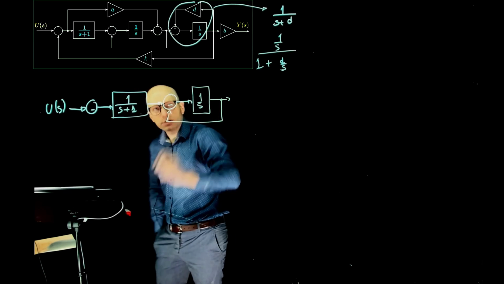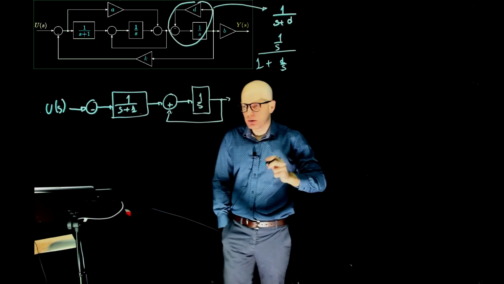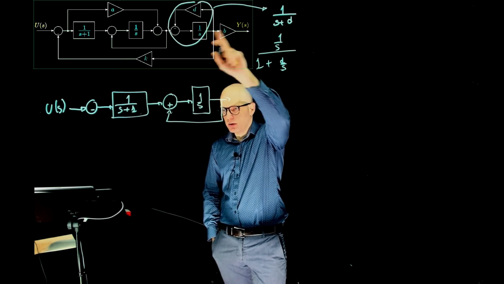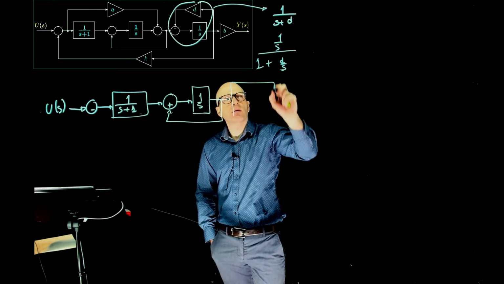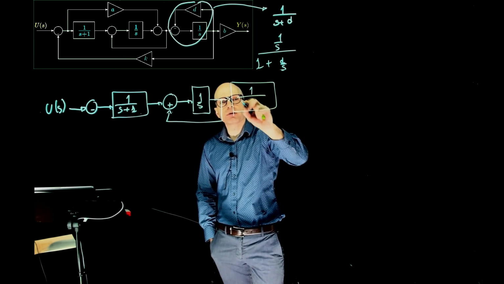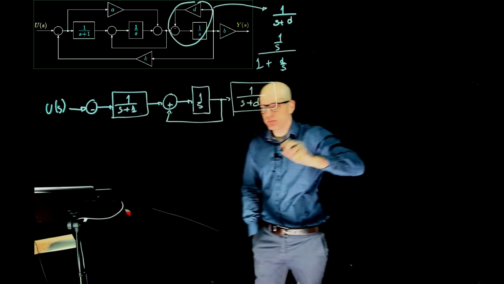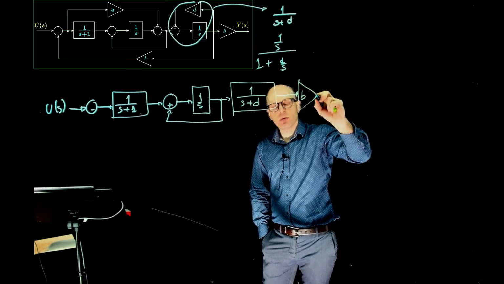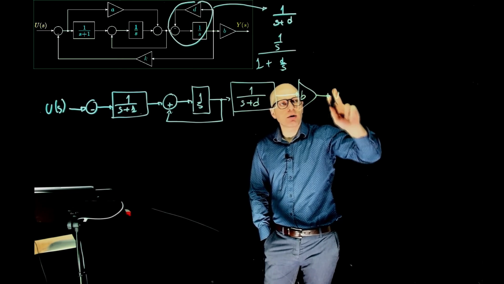Is that a positive? This is positive. And this is that part. 1 over s plus d. And then we have b and y of s.